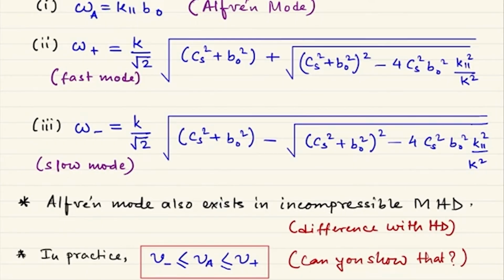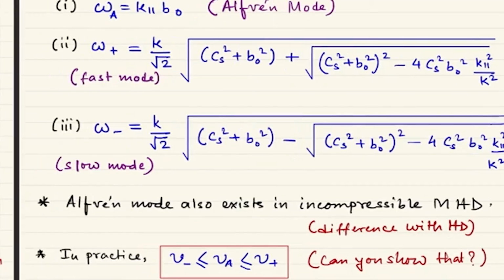So in this type of case you can simply understand that the Alfvén mode is an incompressible MHD mode, because under this condition only one mode survives, and that is the Alfvén mode. That you can actually check.